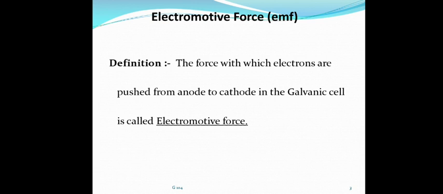There is an electrode potential difference, due to which there exists a force that pushes the electrons from the electrode of lower potential to the electrode of higher potential. That force is called electromotive force. Simply, in the case of the Daniell cell, there is a force that is pushing electrons from the zinc electrode to the copper electrode.